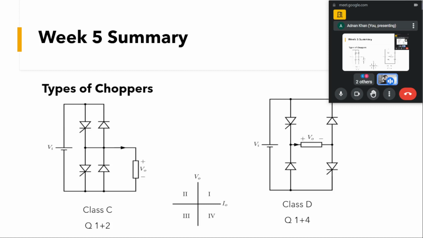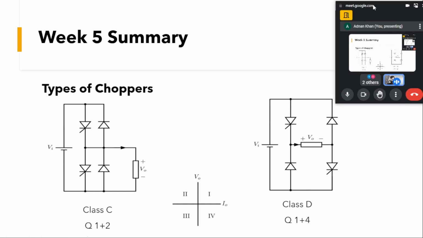And now coming to the class D chopper. Here, if you can see, through the arrangement of the devices, like the SCRs across the load in this kind of circuitry, we have an RLE kind of load.